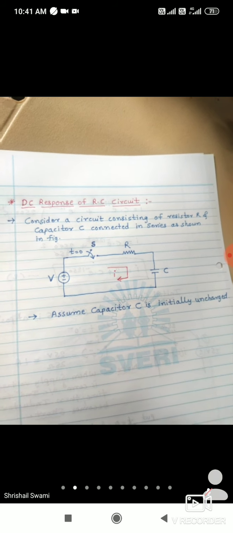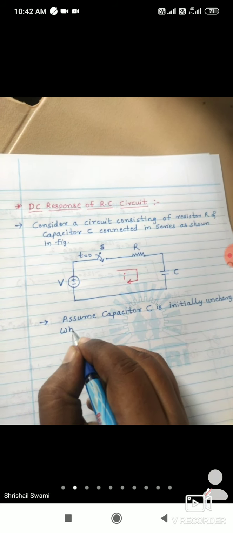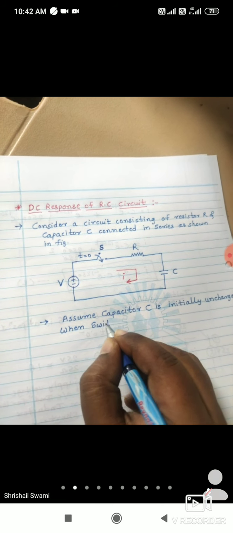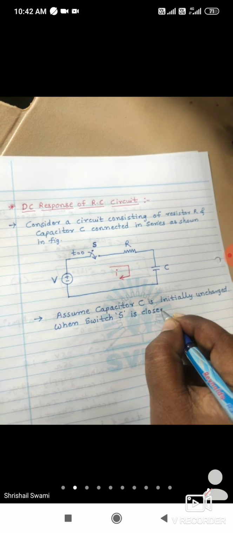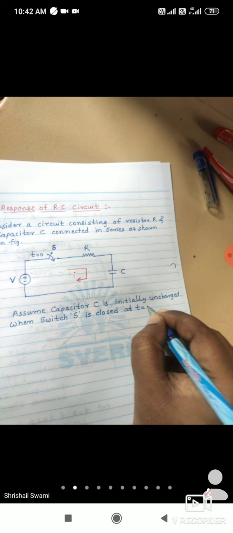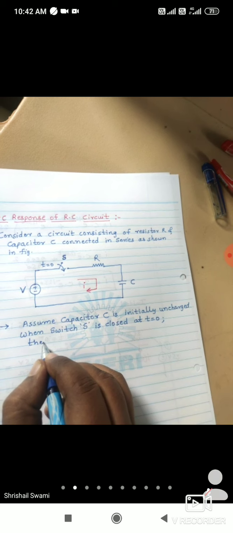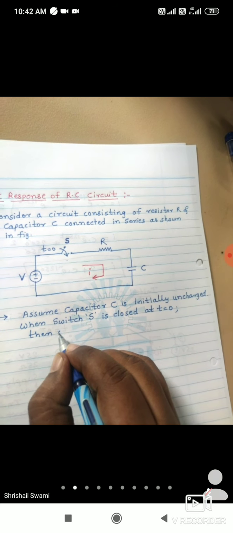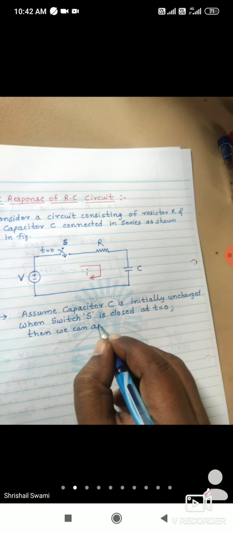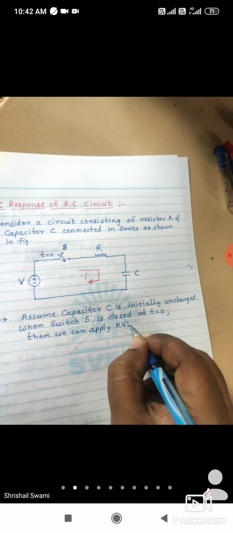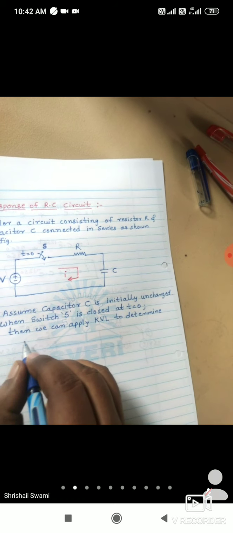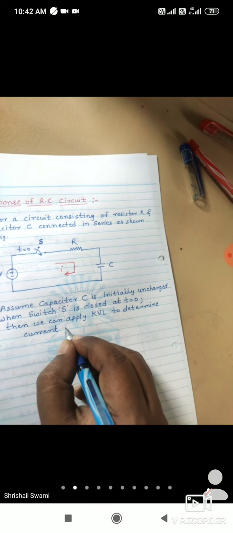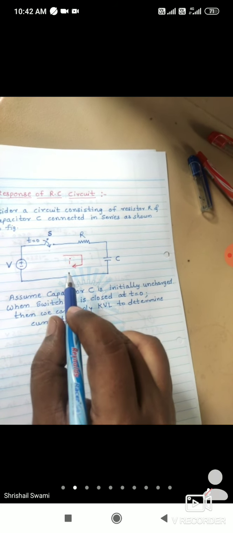Now, when switch S is closed at t equal to 0, we can apply KVL to determine current I. So apply KVL in this circuit.